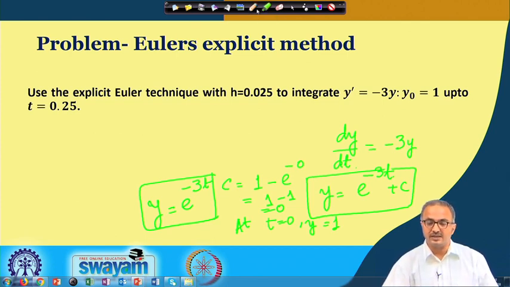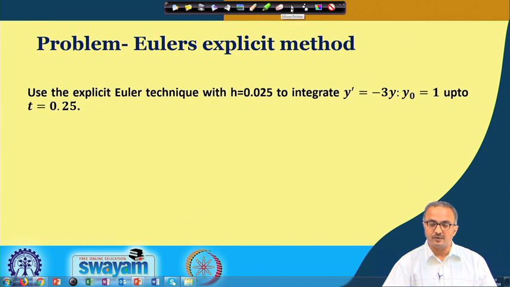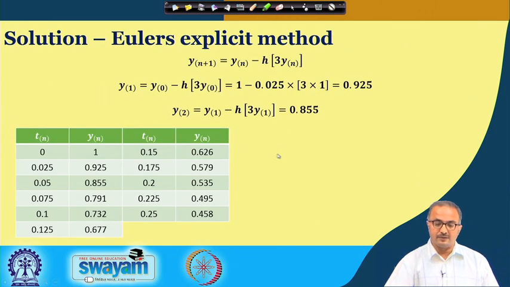Okay. Now, to check whether you have chosen this particular h value correctly or not, what you can do is this. You can put another column here and start finding the value of e to the power minus 3t, and then you can check how well or how badly these numerical values are approximating the actual solution.